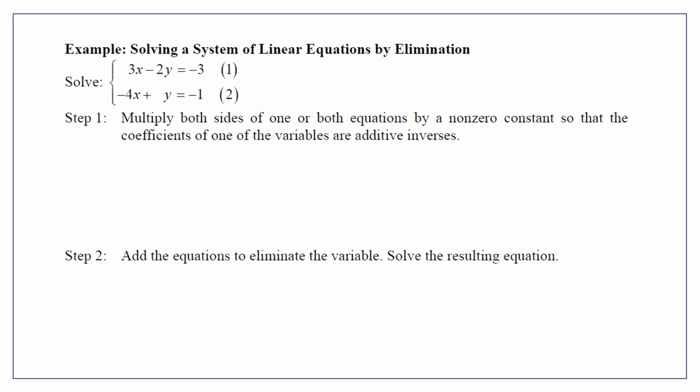So I can multiply it by any value so that I then have the additive inverse of negative 2, which is the coefficient of the y variable in the first equation. Because the goal, remember, is to eliminate one of the variables when I add the two equations together. So I want additive inverses of either the y variables or the x variable. And in this case, I'm going to choose the y variable.